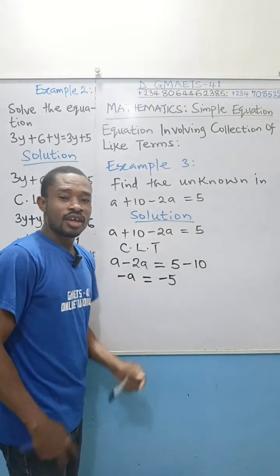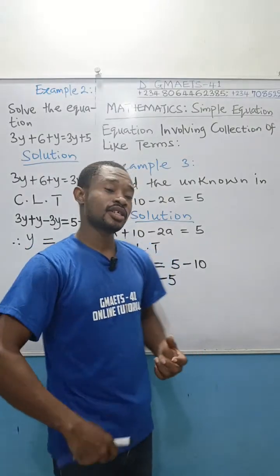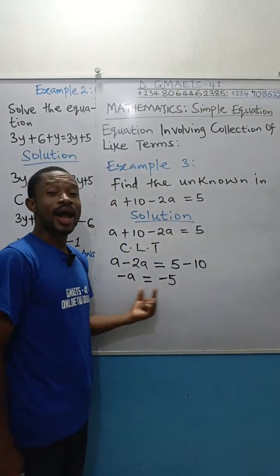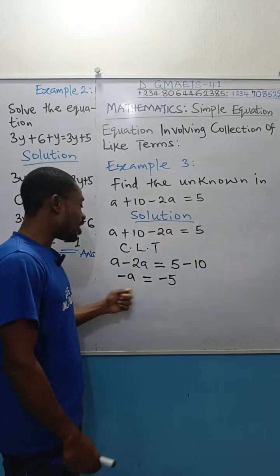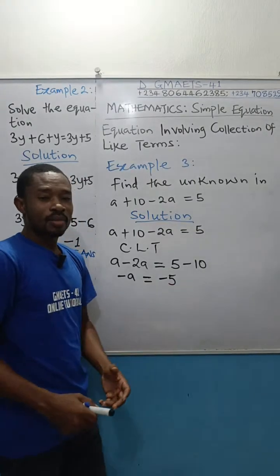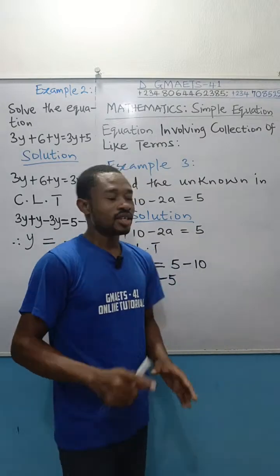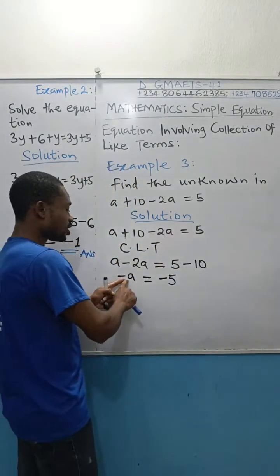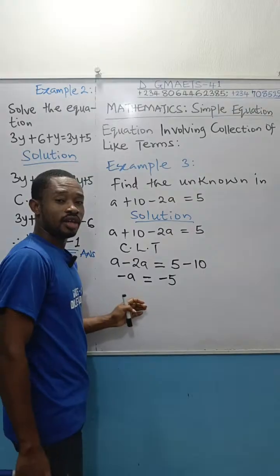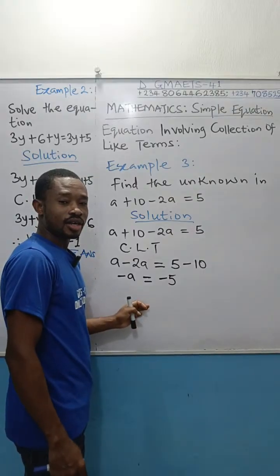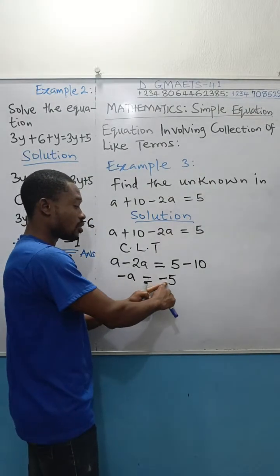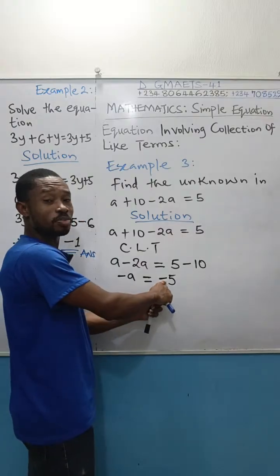In fact, what we usually say is multiply both sides by minus 1 or divide both sides by minus 1. But I don't want to talk about that yet. Okay? This is it. Just take this minus to the right-hand side. If this minus goes to the right-hand side, it will meet this minus.